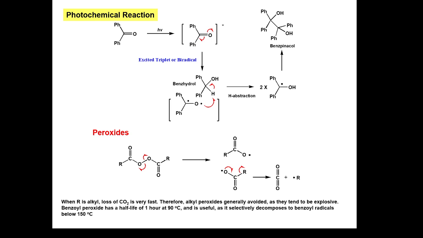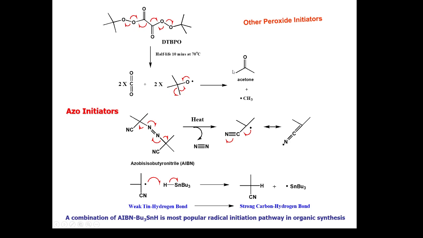Azo compounds love to do this. We talked about azo compounds in our last chapter. If we have an azo compound and we apply heat to it, we can end up with free radicals.